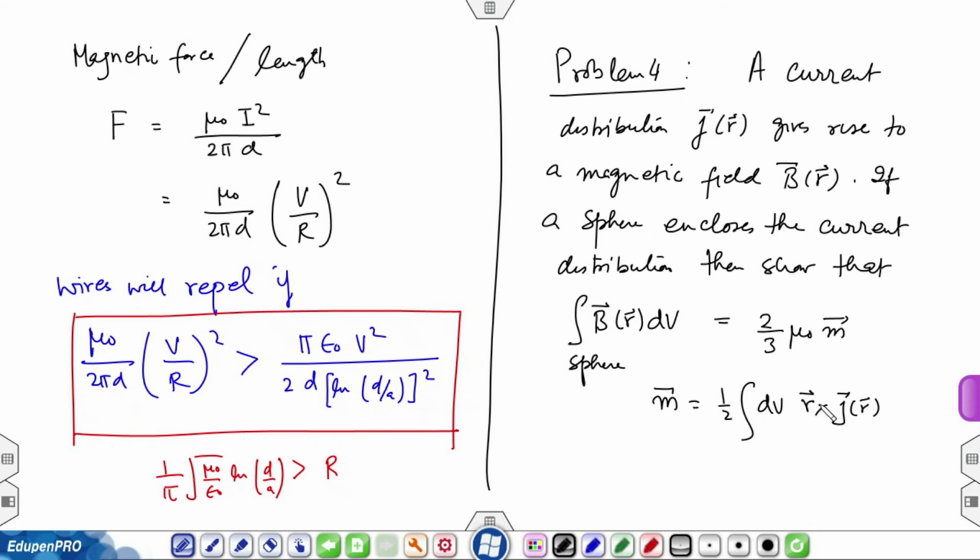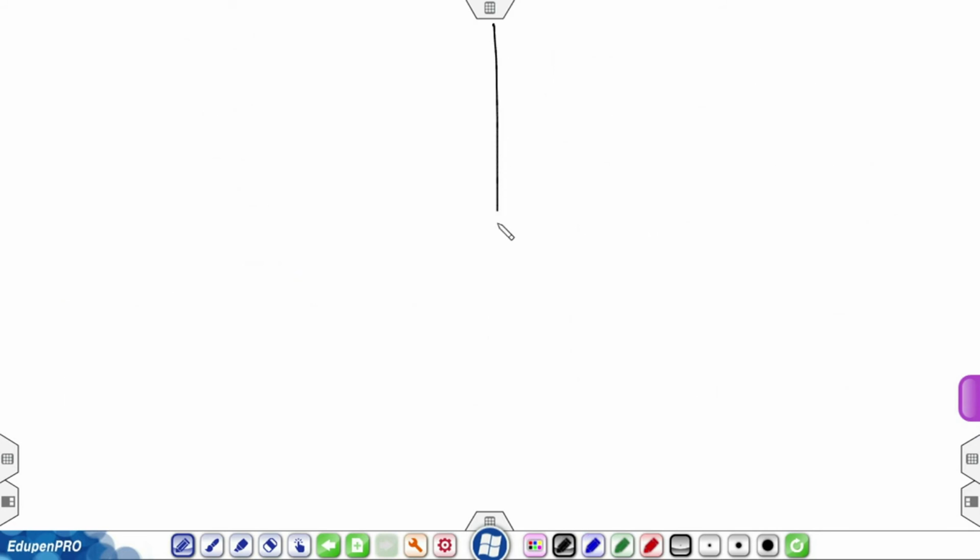This problem in the books is usually solved using all the mathematics, but I will show you an observation that will make this problem quite easy, and then you can relate this to other problems of similar kind. So, what you are given is a current distribution, and this is enclosed in a sphere.